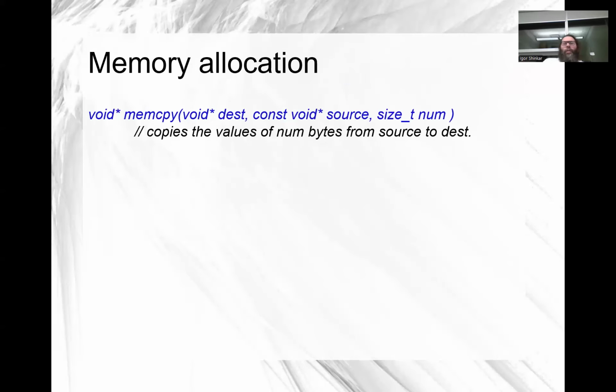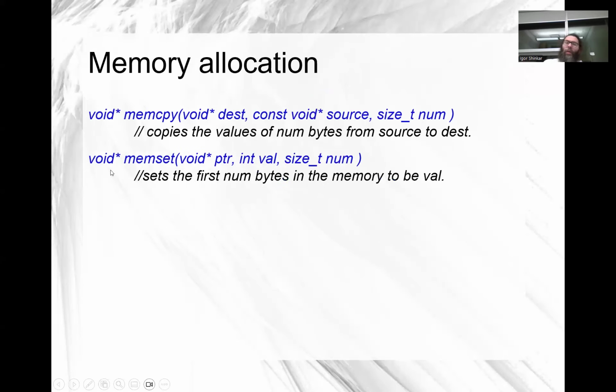Some more functions that are useful. So one of them is memcpy. So memcpy gets three arguments: destination, source, and num. And basically, it copies num bytes from source to destination. There is memset. So memset, what it does, it gets a pointer.